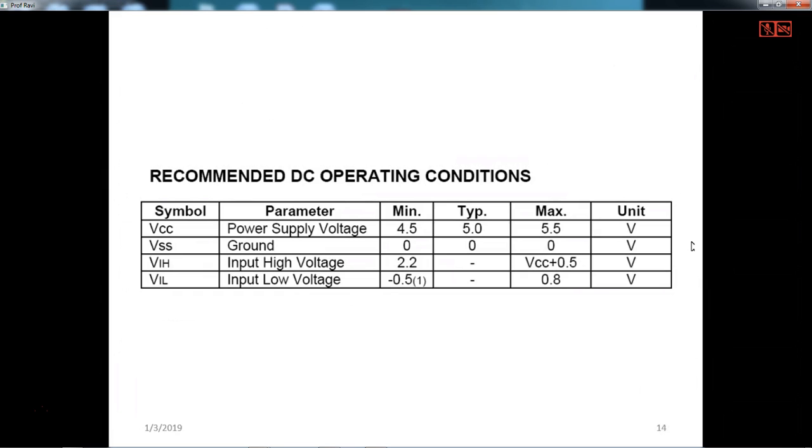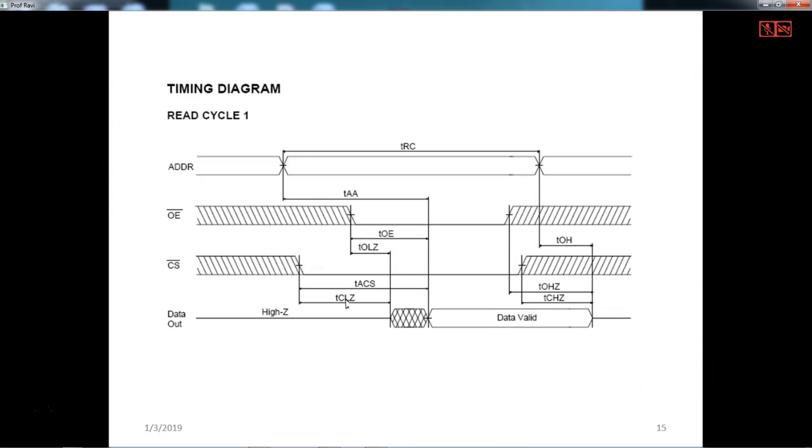These are the ratings, the maximum voltage which you can connect, and the minimum logic levels, TTL and all. You can see the input VIH and VIL. This is the timing diagram of this particular IC given by the manufacturer Hyundai. This is a Hyundai made IC.